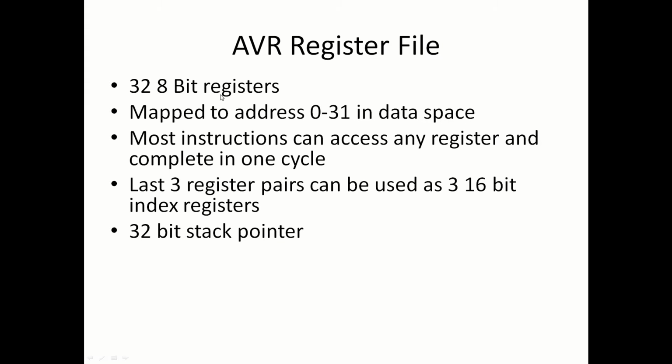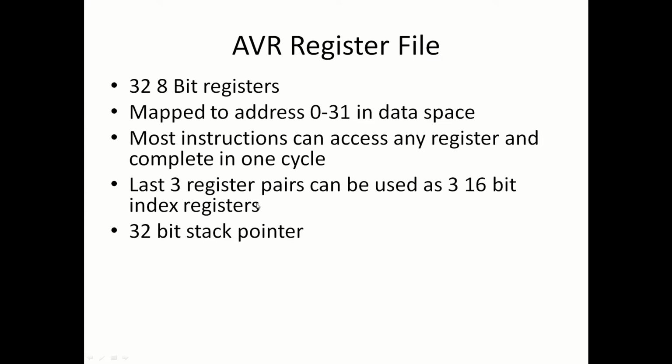These 32 registers are mapped into the memory space of the microcontroller. Most of the instructions can be executed in one cycle itself. Except the last 6 registers, they can be paired as 16-bit registers because they are used for index purposes.